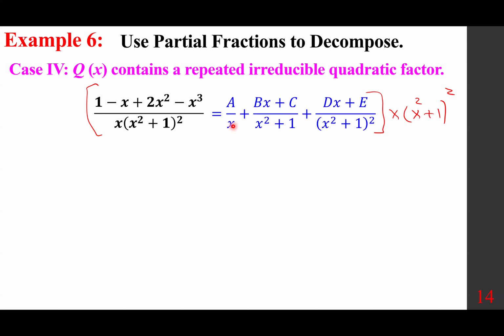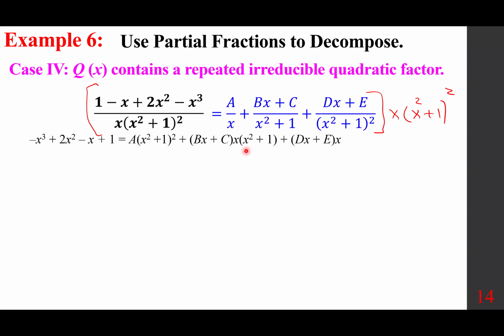This one, the x goes away, a times x squared plus 1 squared. This one, x squared plus 1 of them goes away. So it's bx plus c times x squared plus 1. And this one, this goes away, just x is left. So dx plus e times x. This one, we want to take it to the power of 2, becomes x to the power of 4 plus 2x squared plus 1.